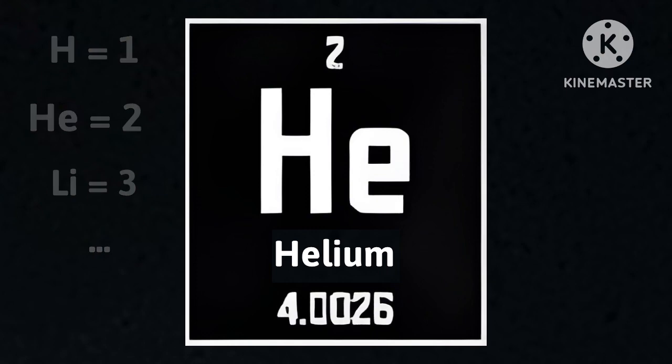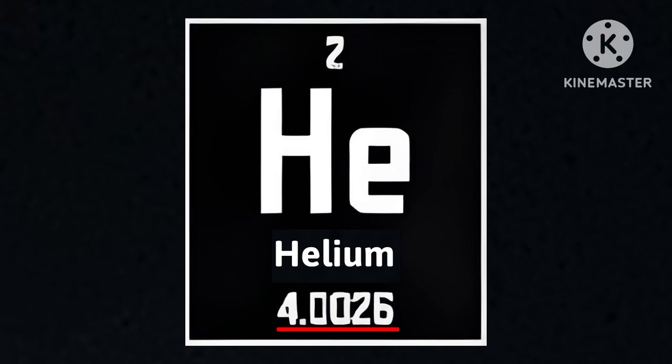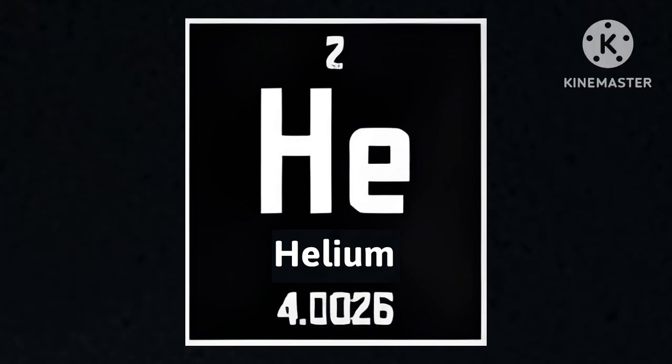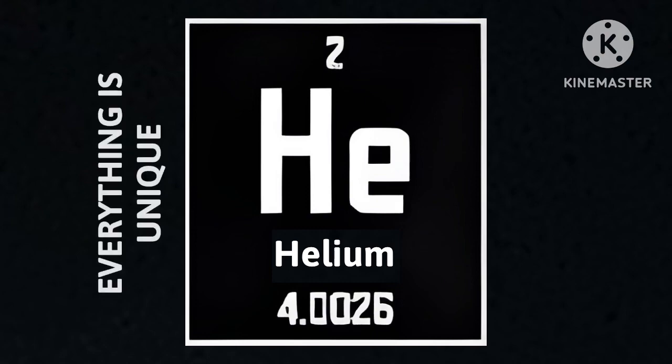If we look below everything else, we can see numbers with a decimal or two. This is the atomic mass, and it's important for calculating moles. Not those moles, in chemistry. The atomic mass is also unique for every element.